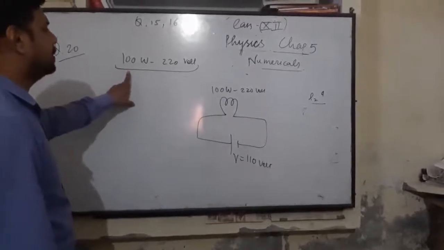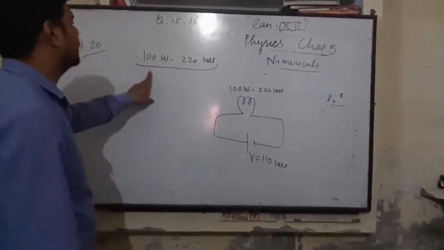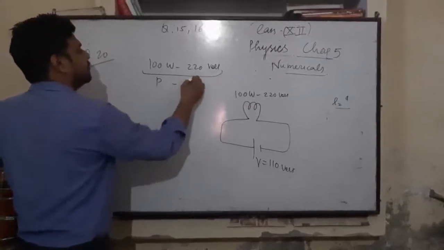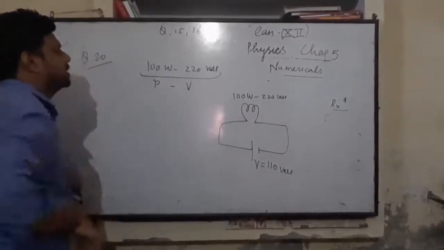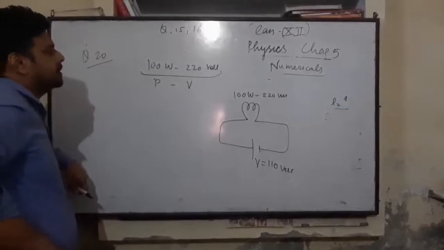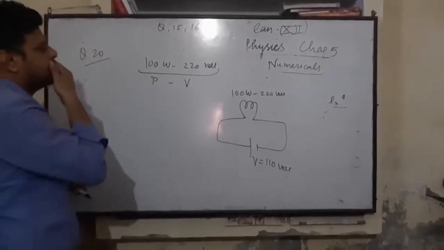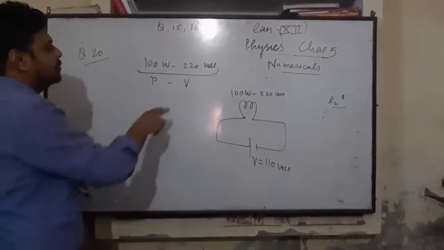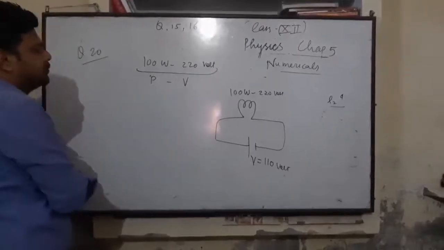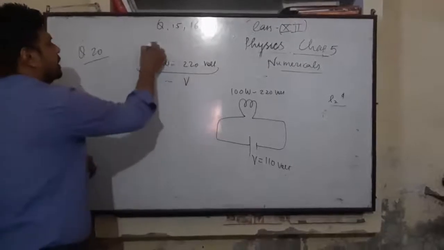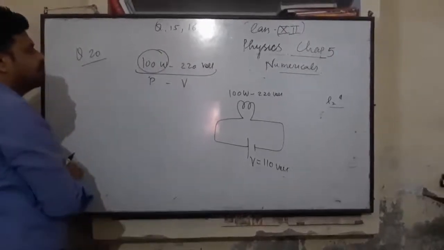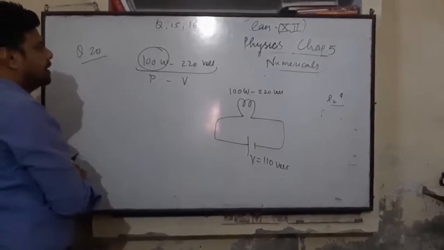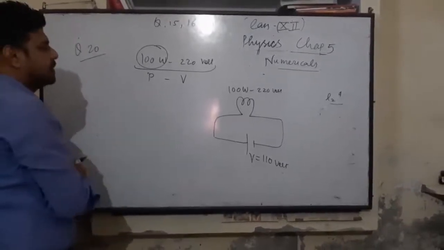In the rating, two parameters are given: one is power and the other is voltage. The power rating means that if we operate this bulb at 220 volt, the power consumed by this bulb will be 100 watt. So from the power rating we can calculate the resistance of this bulb.